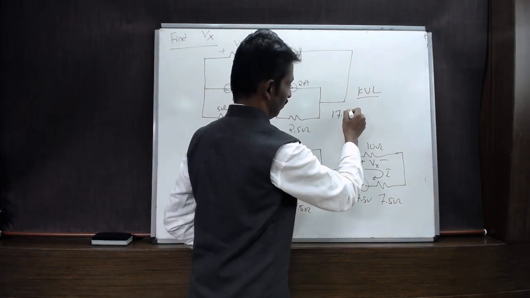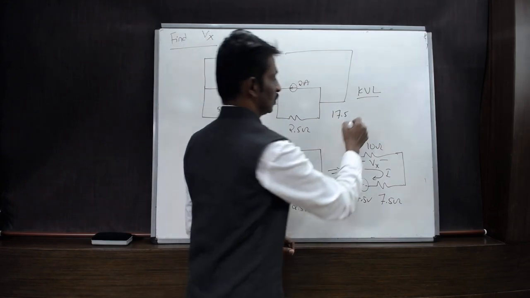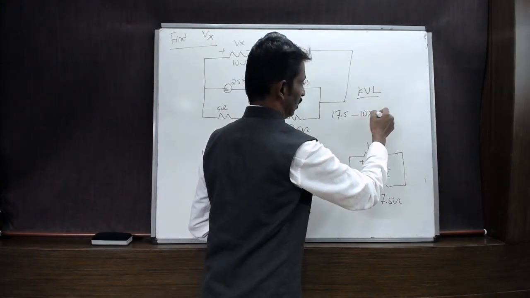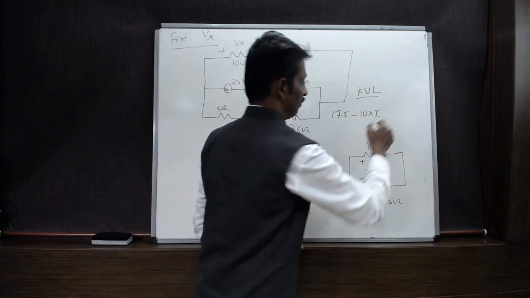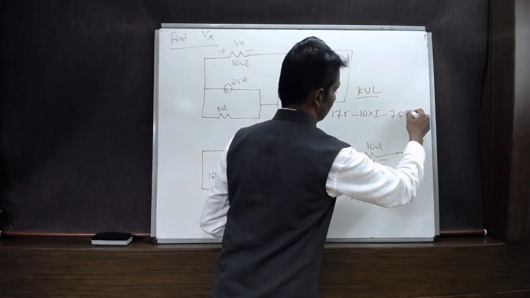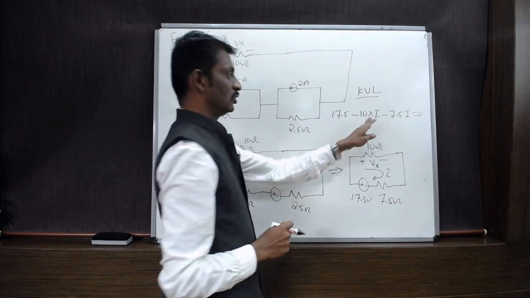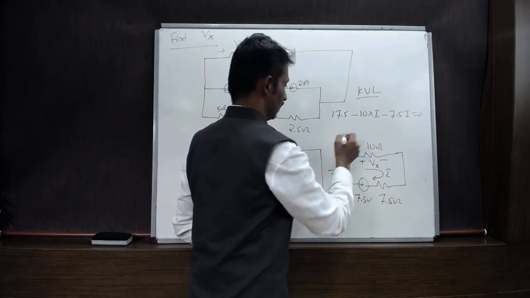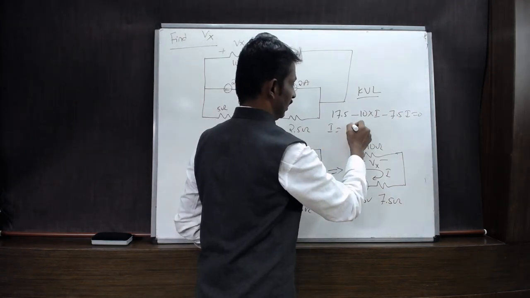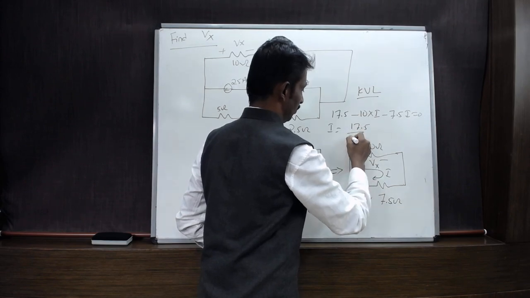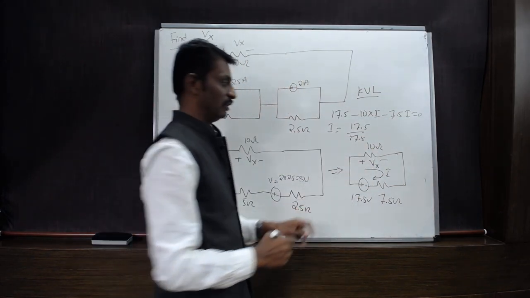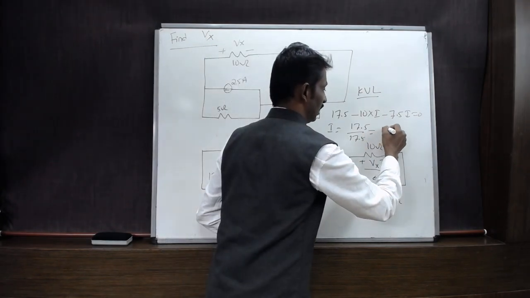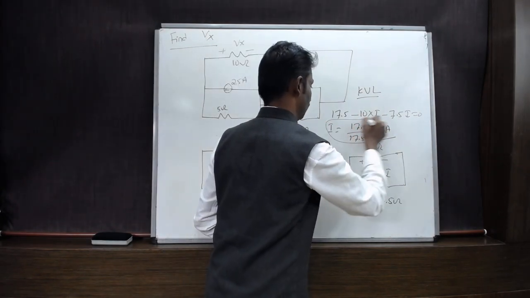So 17.5 minus 10 into I, which is nothing but the voltage across 10 ohms, minus 7.5 I is equal to 0. So sending these to that side, we get the value for I. I will be equal to 17.5 divided by 17.5, since 10 plus 7.5 is 17.5. The current through the circuit will become 1 amp.